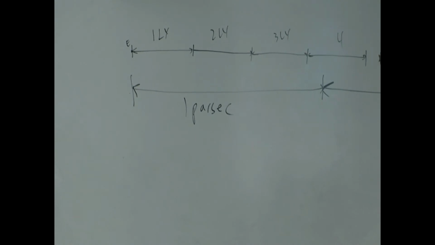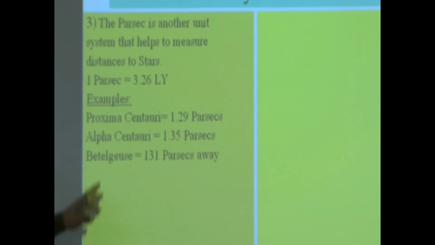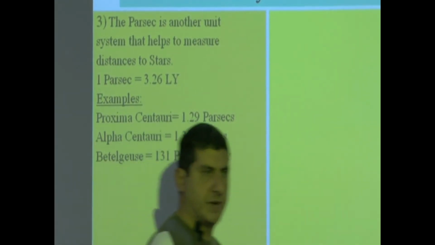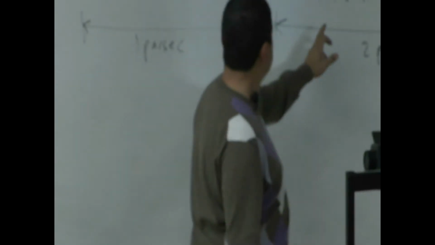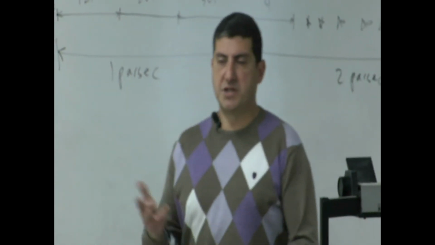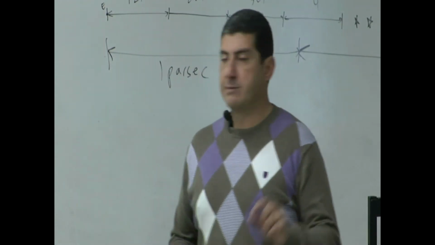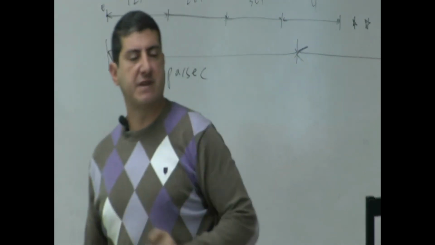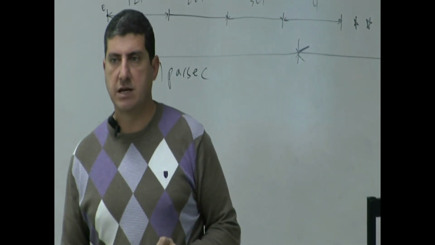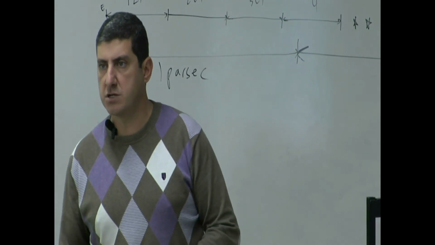Proxima Centauri 1.29. Alpha Centauri 1.35. Betelgeuse 131. How am I getting those numbers? See, 1 point something, 1 point something. Well, here's how I'm getting them. I'm taking those numbers that we had from the previous slide, and I'm dividing it by 3.26. Right?